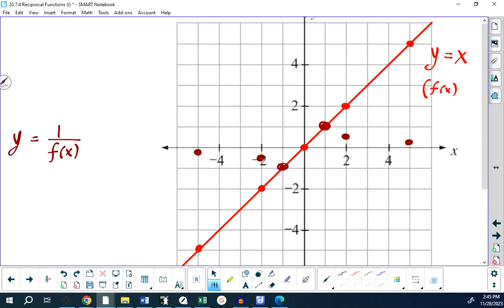But because this curve on the right, which is above the x-axis, never reaches the x-axis, and the curve on the left, which is below, never reaches the x-axis, there is something which we call an asymptote.